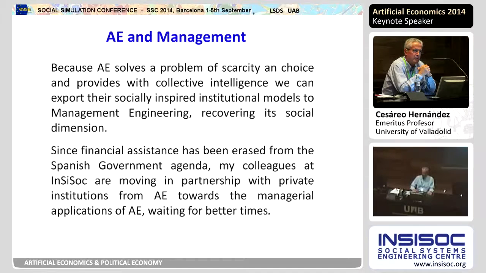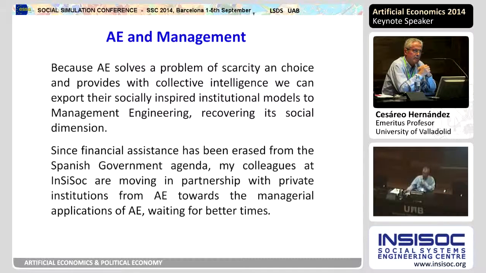Well, because artificial economics solves a problem, as I said, of scarcity and choice. It provides collective intelligence, and you can export the socially inspired institutional models to management engineering, recovering the social dimension of management. So expelling all these production engineers who don't consider management, don't consider institutions, don't consider entrepreneurship.